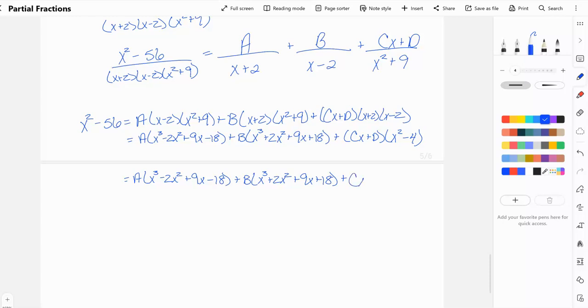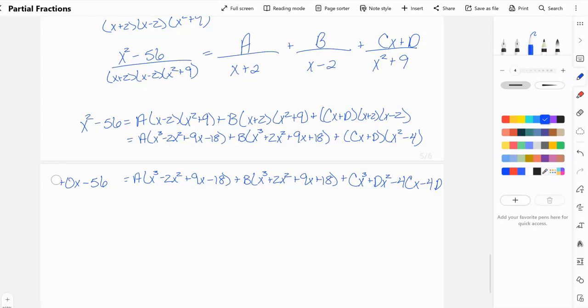So we're going to get cx cubed plus dx squared minus 4cx minus 4d. Remember, that's going to be equal to x squared minus 56. Now, that's the same thing as saying x squared plus 0x minus 56.